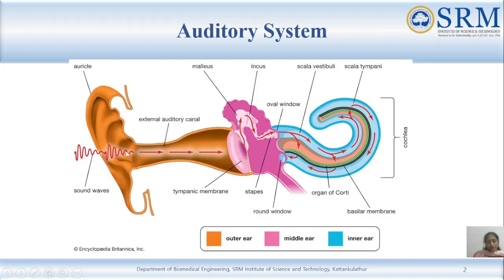So here the initial part is through air vibration, then it is through the bone vibration, and then finally from the oval window, the liquid in the inner ear will be helping to transmit the vibrations over.